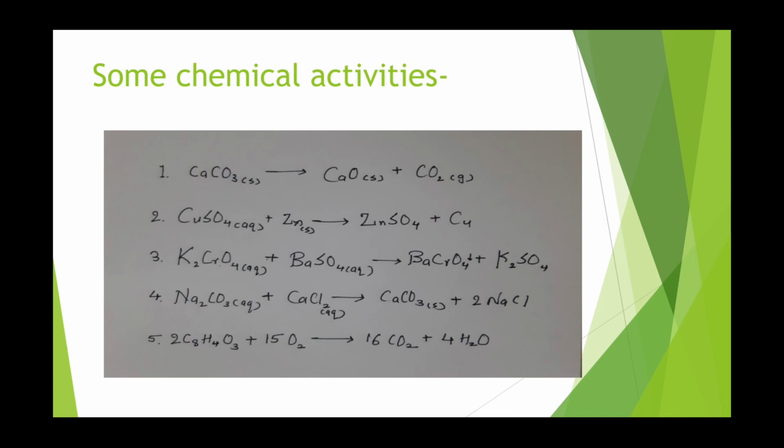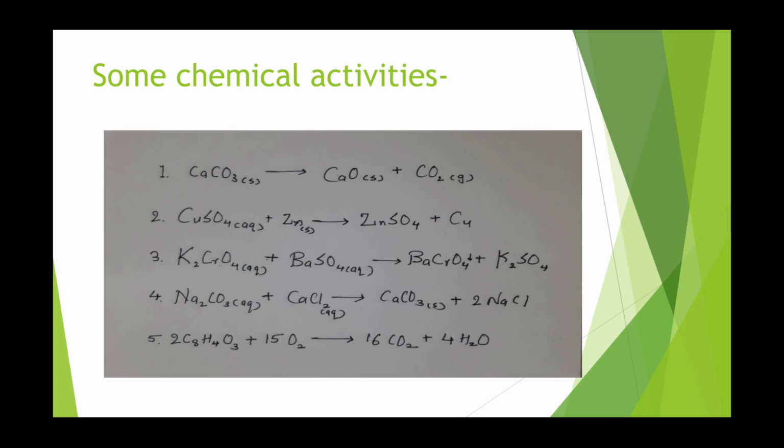Second activity is we have to add some zinc dust into copper sulfate solution. Now, when we add zinc powder to copper sulfate solution, zinc is chemically more reactive than copper.